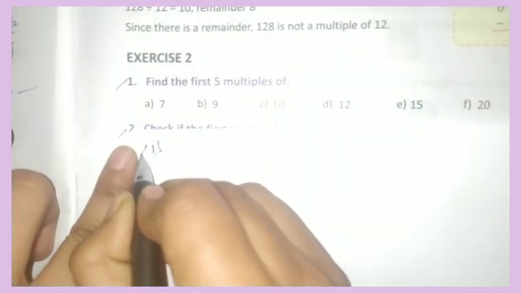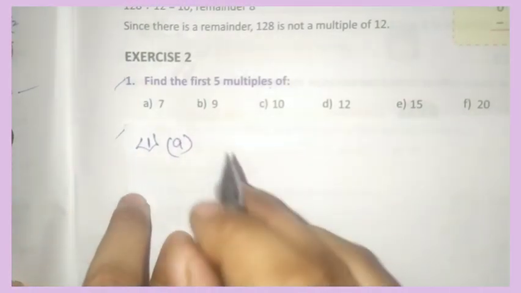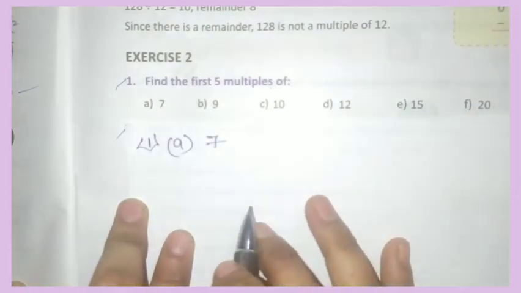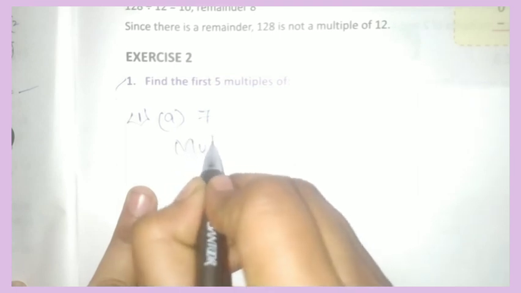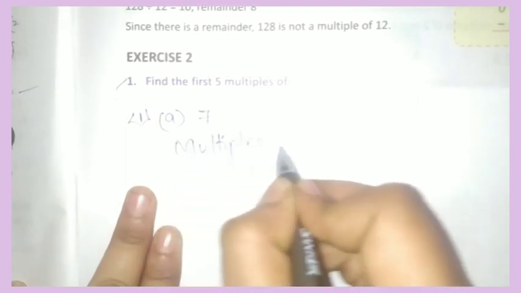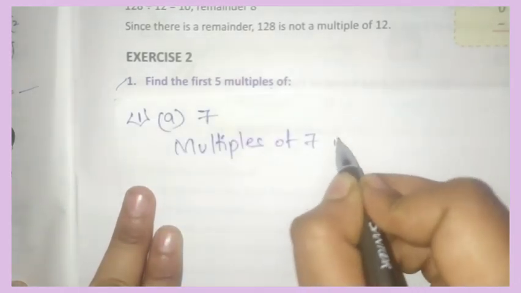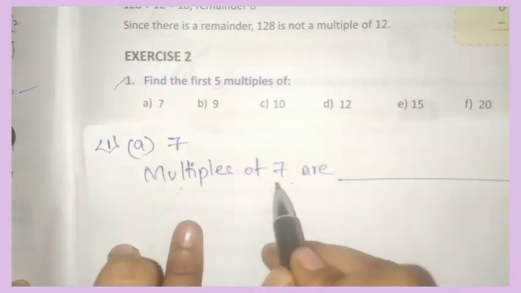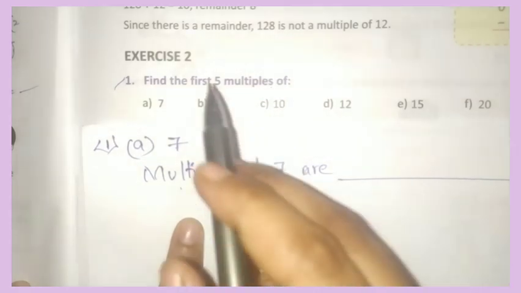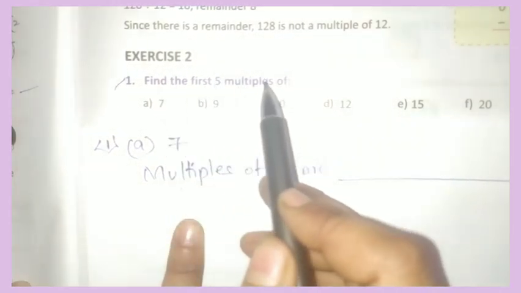Look at the first problem. 7 is given. We have to find multiples of 7. We'll write like this: multiples of 7 are... In the question, find the first 5 multiples of 7.